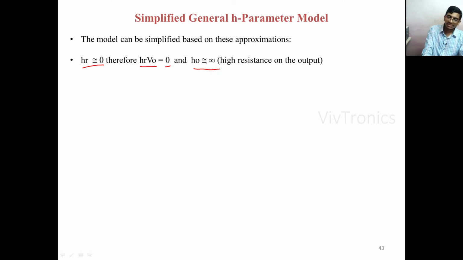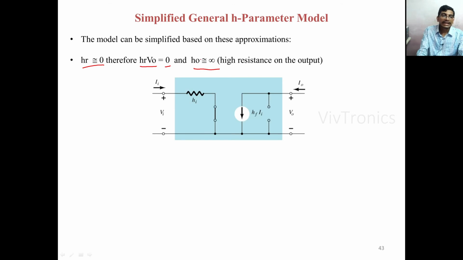The value of HO is small, and the value of that resistance is very high. Therefore the input side HRE VCE can be neglected, and the output side 1 by HOE resistance can also be neglected, which can be represented with the open circuit. Therefore, the simplified equivalent circuit will contain only two components.